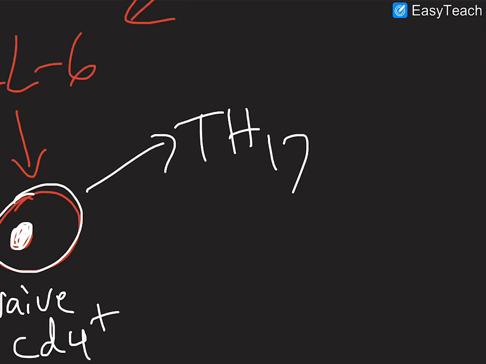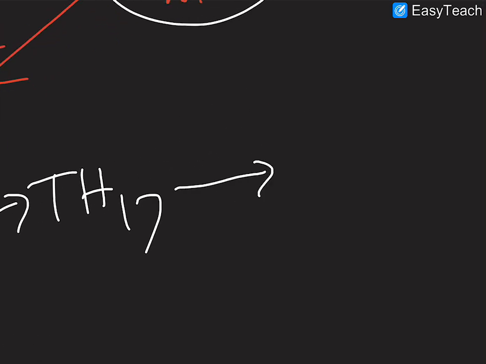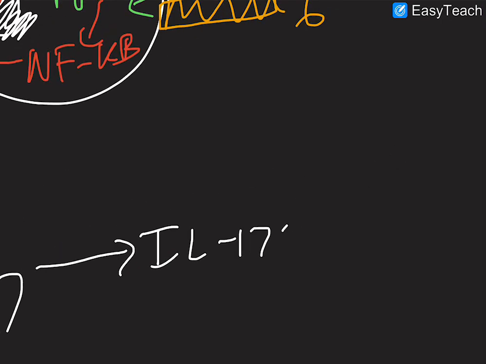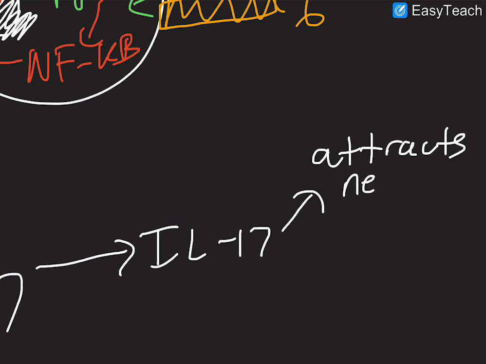Now we know that the Th17 subtype will then release IL-17, and IL-17 will attract neutrophils. The neutrophils will come in and try to take care of this fungus, so they're going to try to attack the Candida in this scenario.